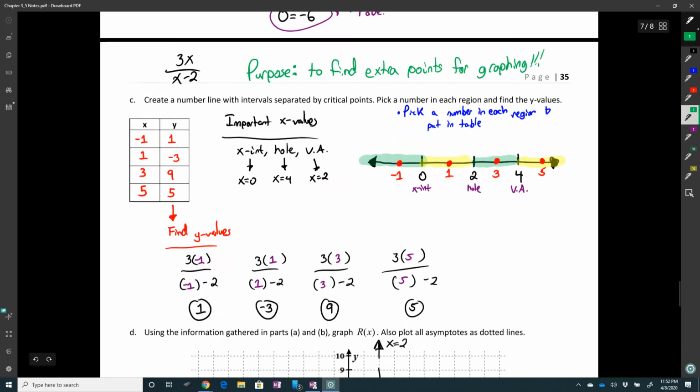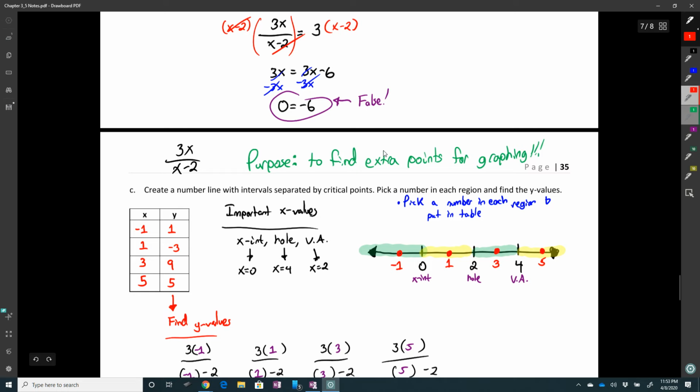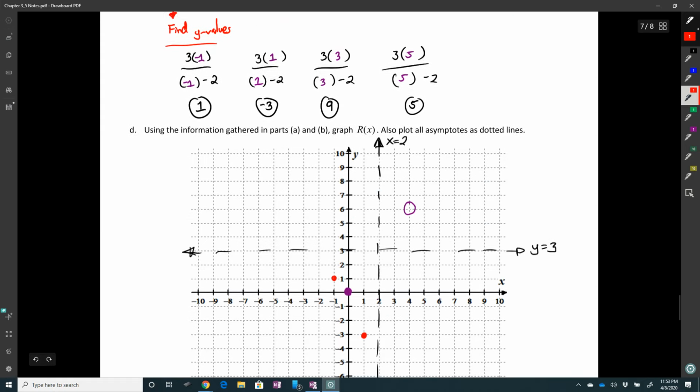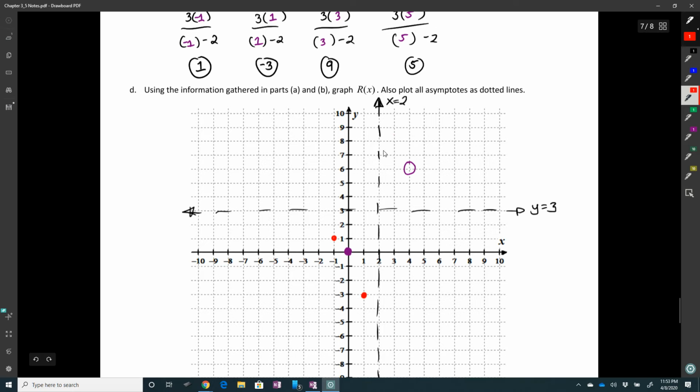All right, so let's graph them. The points were -1, 1, 1, -3, 3, 9, and 5, 5. And we know that it doesn't cross.